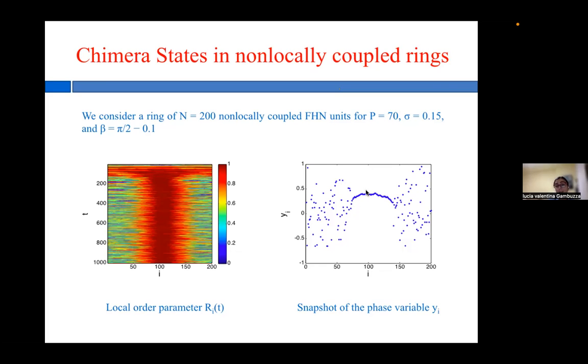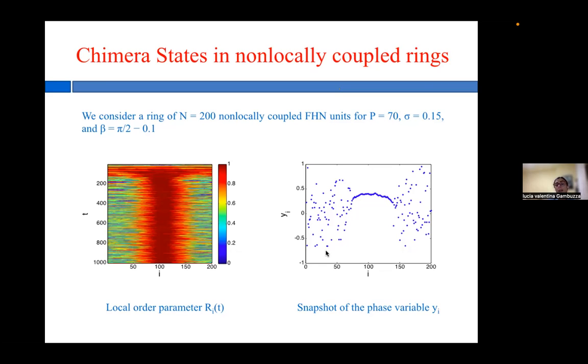So we have a small fluctuation, but we can identify the coherent domain in our system. While the other two regions, the two clouds, correspond to the incoherent domain.